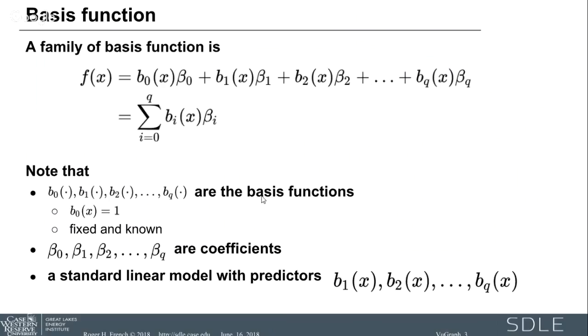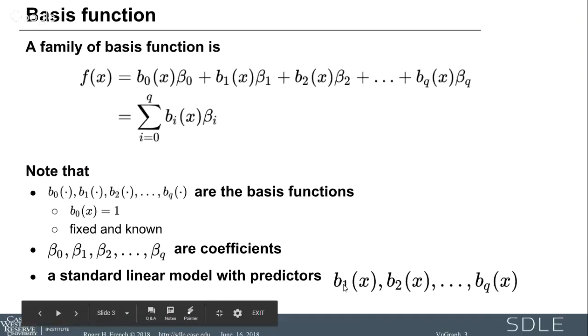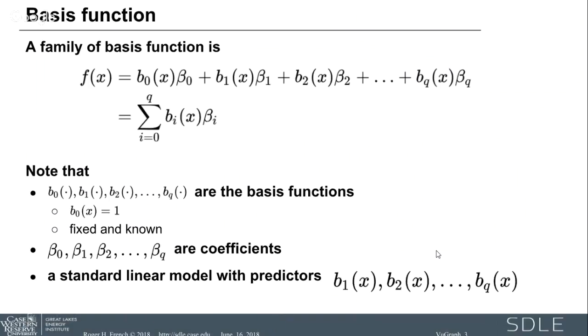All of these basis functions are fixed and known, and beta 0 to beta q are coefficients. You can think of this as a standard linear model with the predictors b1 to bq.